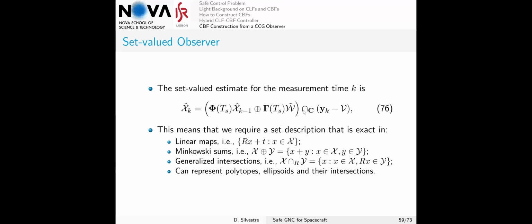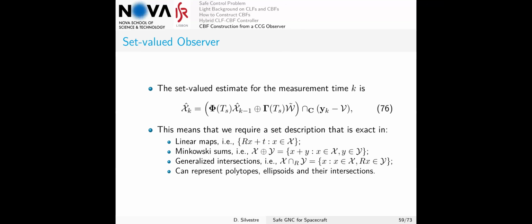And this is generalized intersections, because in the end, I will intersect with the measurements. So if you've never seen this, think of this as the predict of the Kalman filter. But now all these sets represent the support of the random variables. And instead of doing an update, you are doing an intersection with the supports.